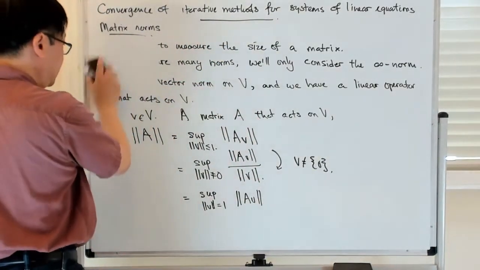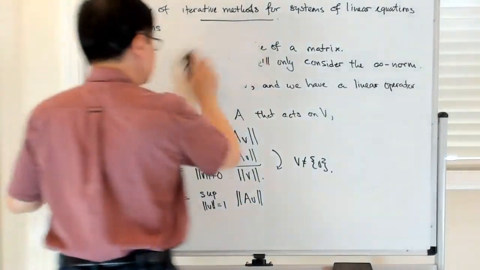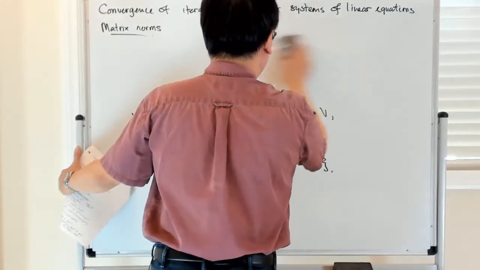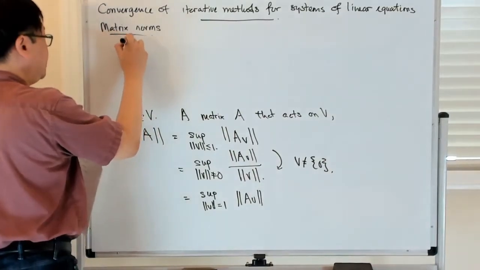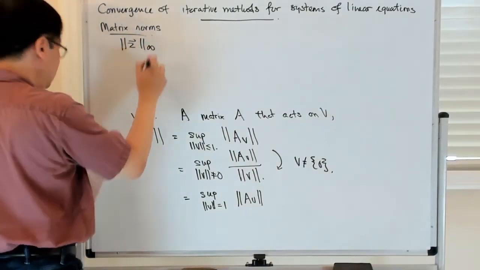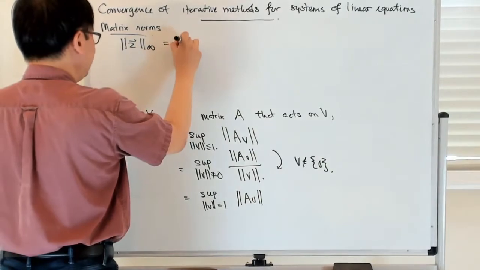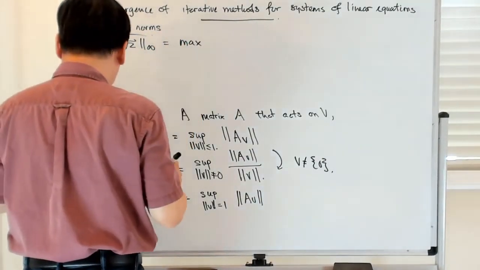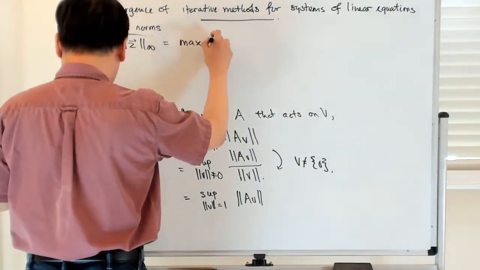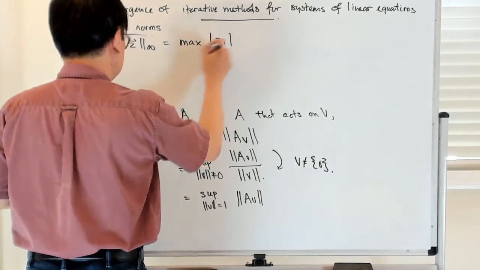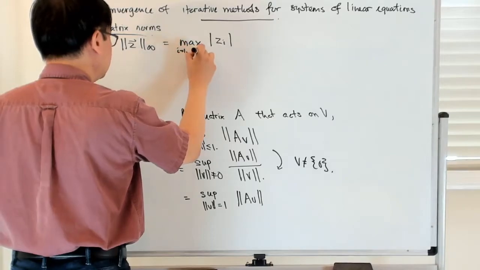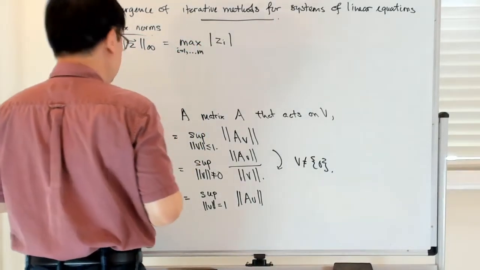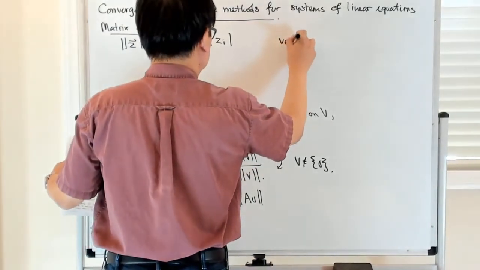Okay, so that's maybe a little bit abstract. So let's look at a simple example of this. As I mentioned, I'm primarily just going to focus on the infinity norm. The infinity norm for a vector, as you might imagine, is just the maximum absolute value of the components of that vector, with i going from 1 to m. So this is for the vector.